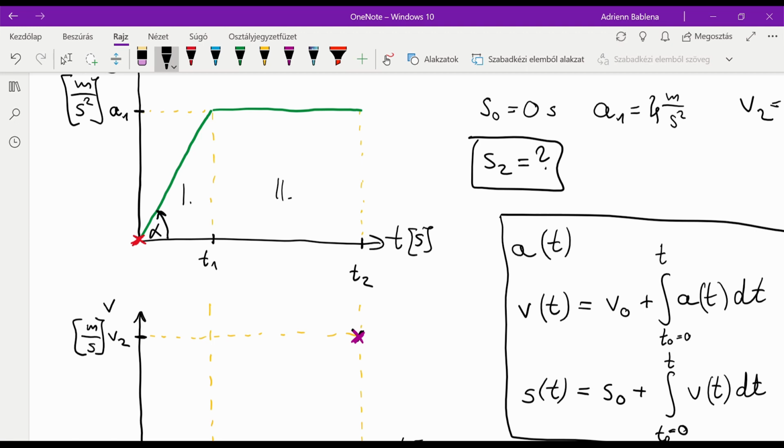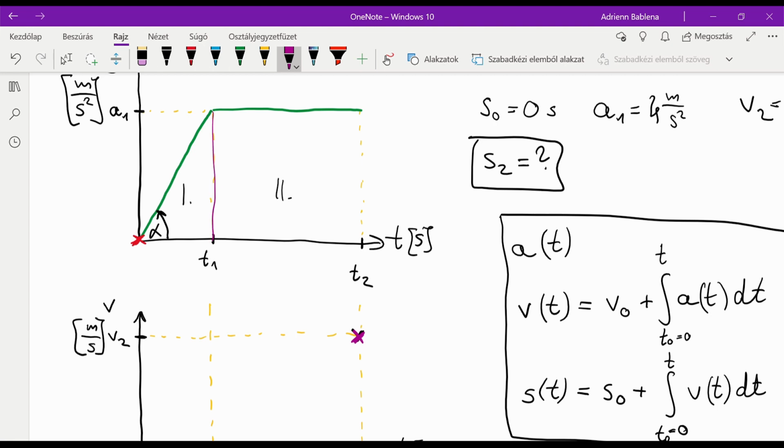So our constant part is 0, so at t0 our acceleration value is 0, and we have a linear function, which is tangent alpha times t, and that's all.